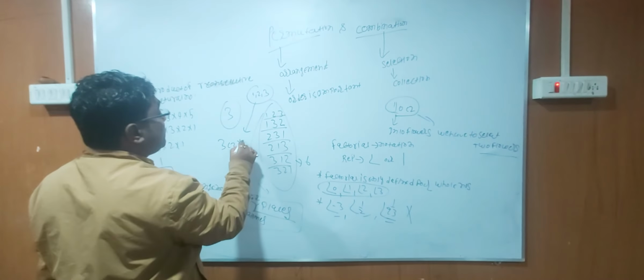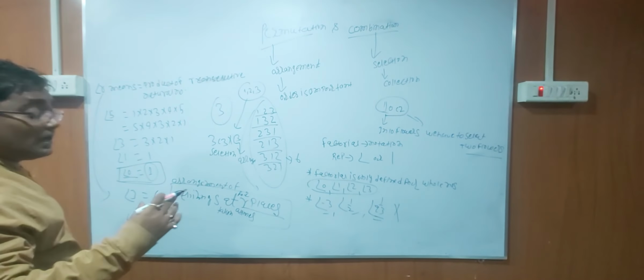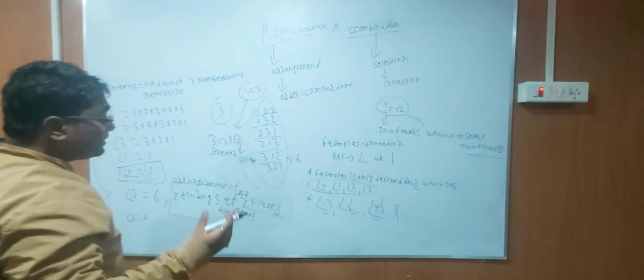This is the selection, and this is the arrangement. We have to first select, after that we have to arrange. First we collect the things, after that we arrange the things. This is the first step. So factorial r is the product of r consecutive natural numbers, or the arrangement of r things taken r at a time at r places.